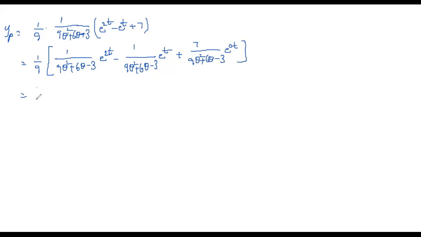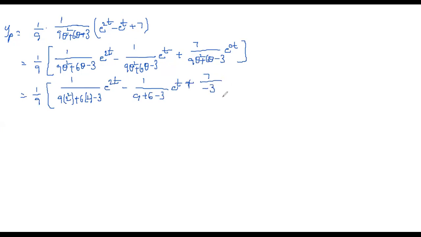So substitute directly in place of theta as 2: 9 into 2 square plus 6 into 2 minus 3 into e power 2t, minus 1 by 9 plus 6 minus 3 into e power t. And here it is 0, so if you substitute 0, we get minus 3.